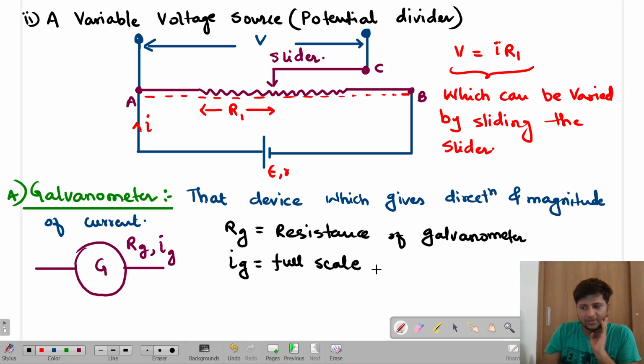I'll make you understand what is the meaning of this. In other terms, it is also called the maximum deflection current.